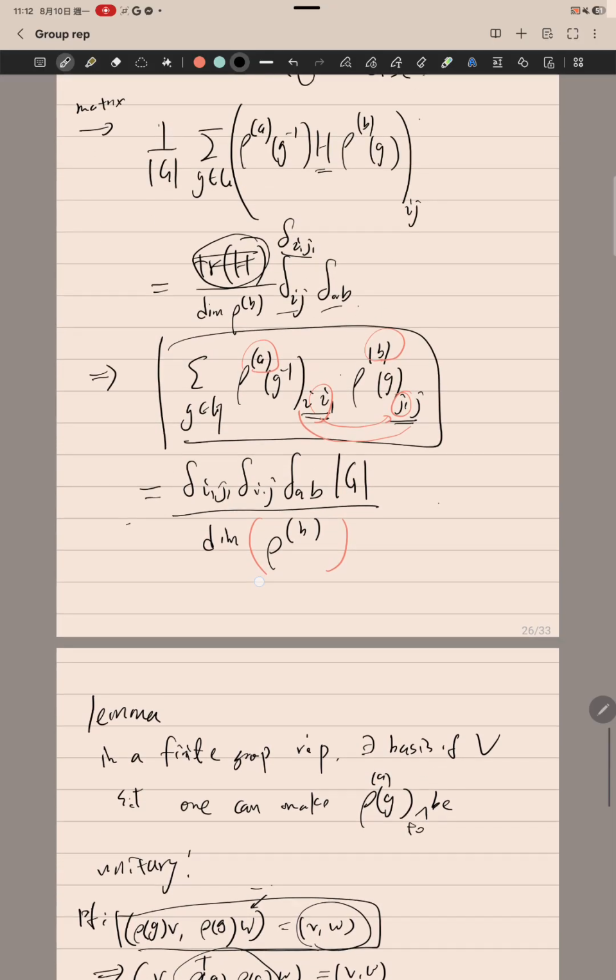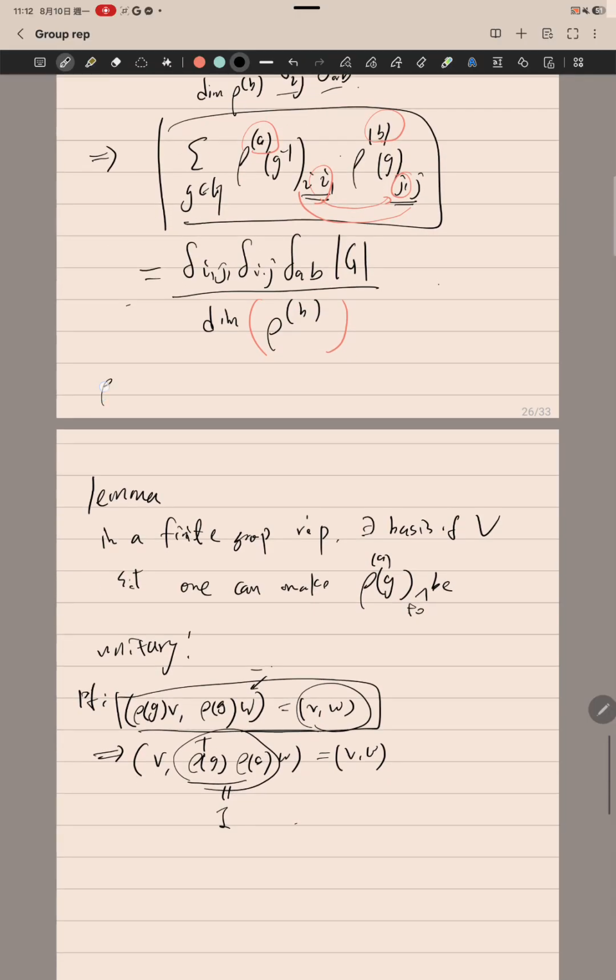Okay, which means that I can write rho A of G inverse I1 equals to rho A of G, this guy, complex conjugate I1. This is just rho A G complex conjugate I1 I. So you can pull it back, you can get it.